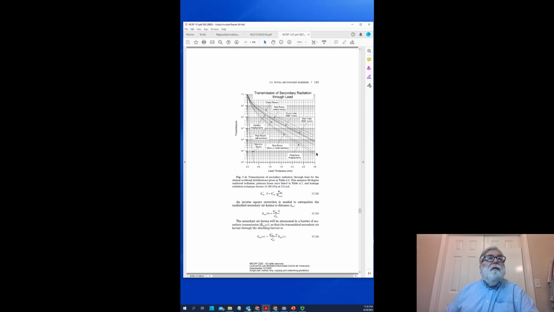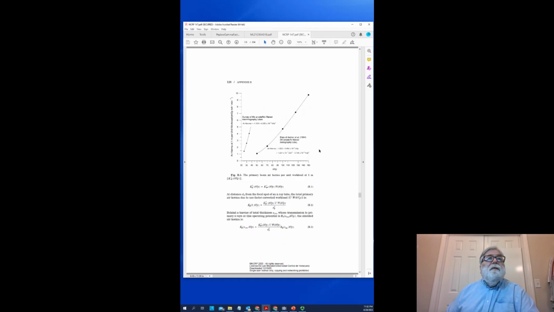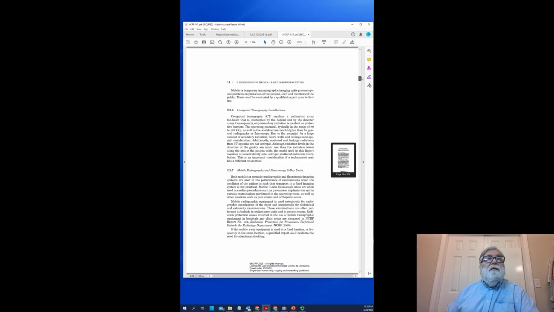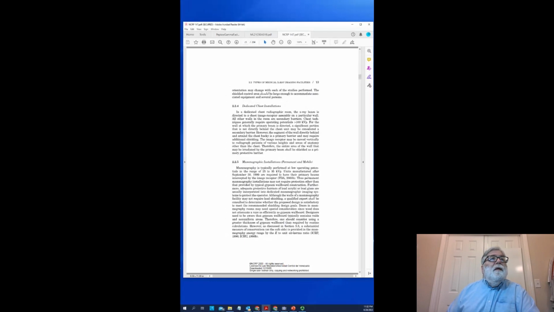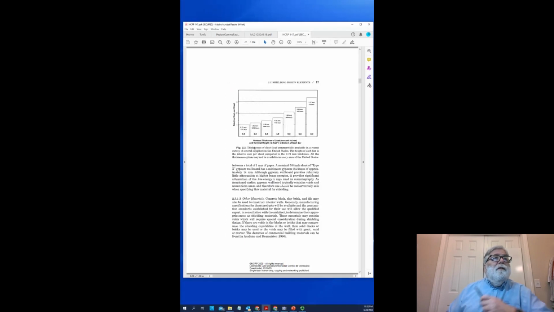Now, let's look at what we can get. 1.3 millimeters. I got a 1 millimeter is not enough. 1.19 is not enough for what we needed there.